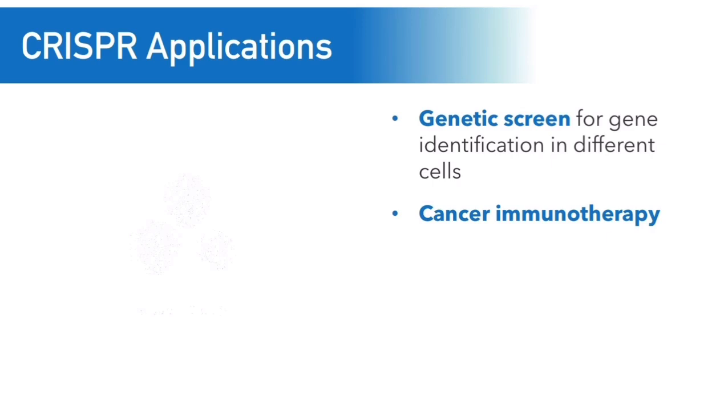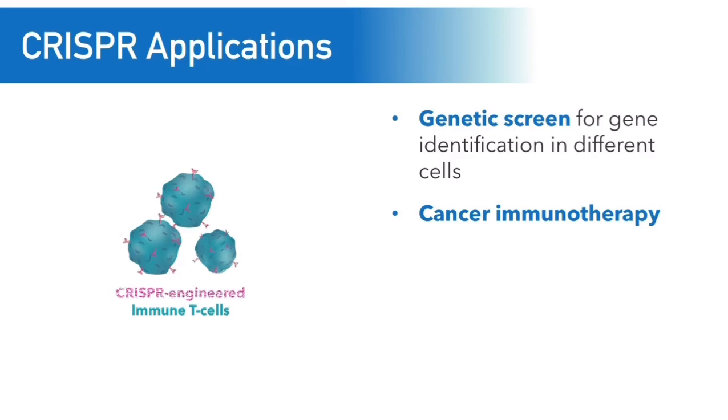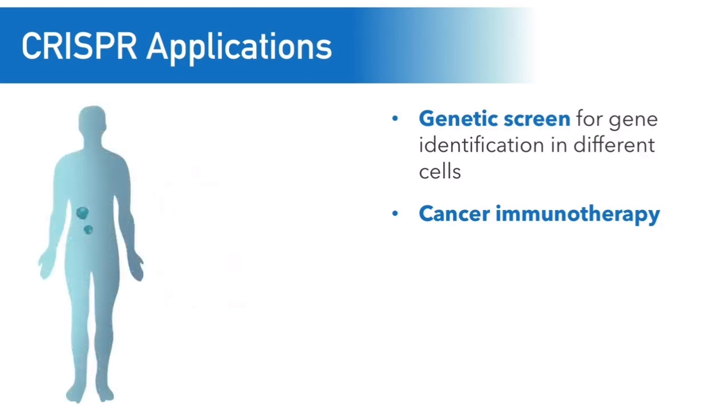In this therapy, the immune T cells, which are a type of white blood cells that fight against disease, are genetically modified using CRISPR technology. These T cells are extracted from the patient's body, genetically modified to make them more specialized in recognizing cancer cells, and killing them after being reintroduced into the patient's body.